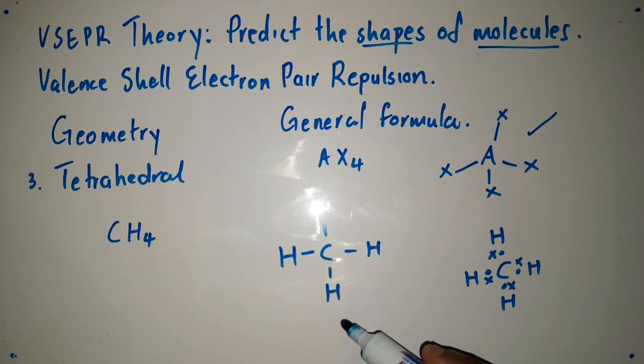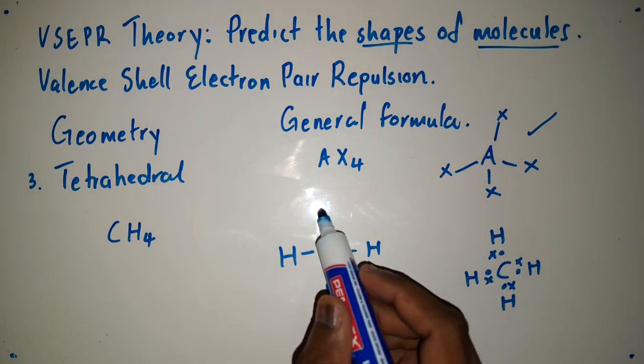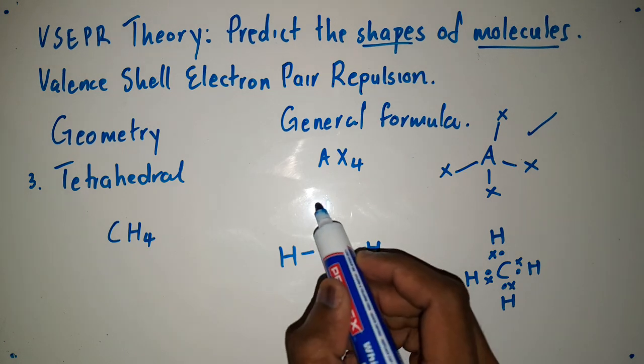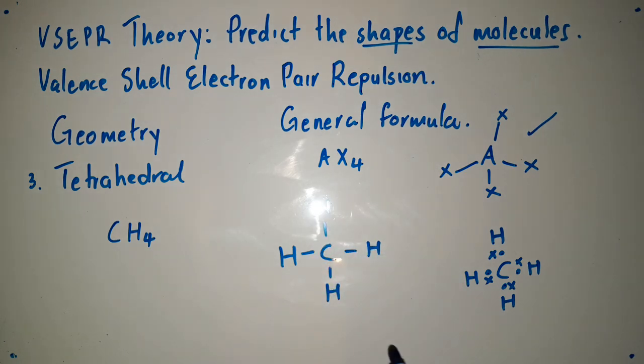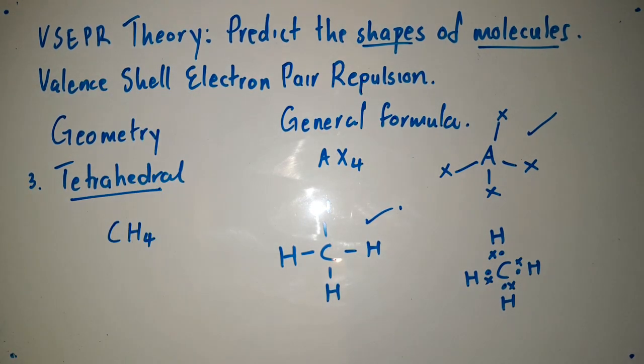My apology about the light there. It's H over there. Then we say its geometrical shape is tetrahedral, like this. Now let us continue.